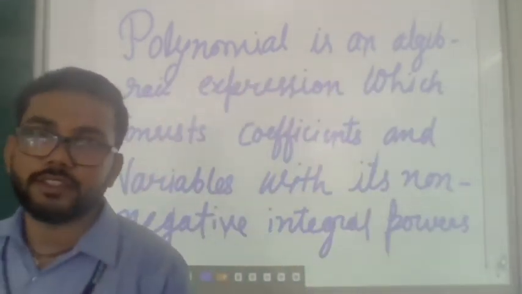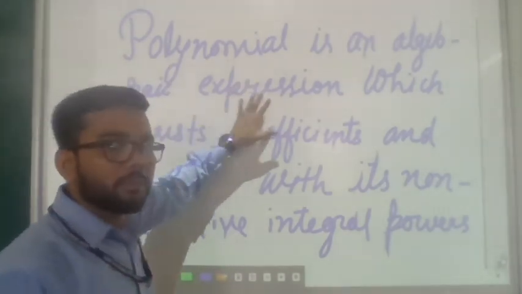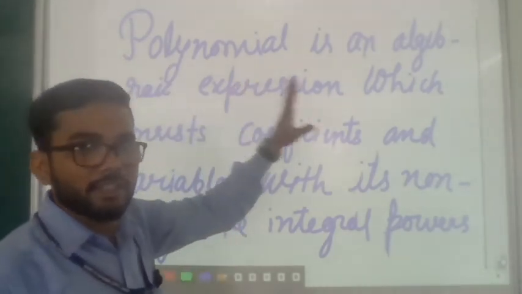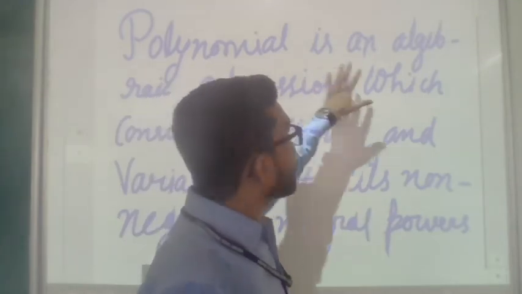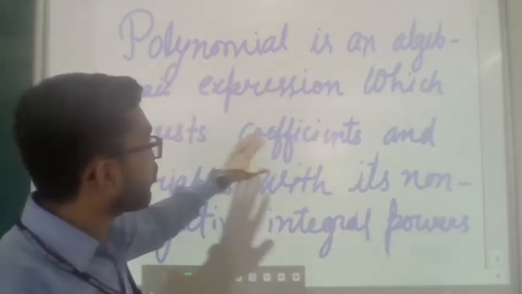First, try to understand what this statement means. Polynomial is an algebraic expression. As you all know what an algebraic expression is. So polynomial is also an algebraic expression which consists of coefficients.